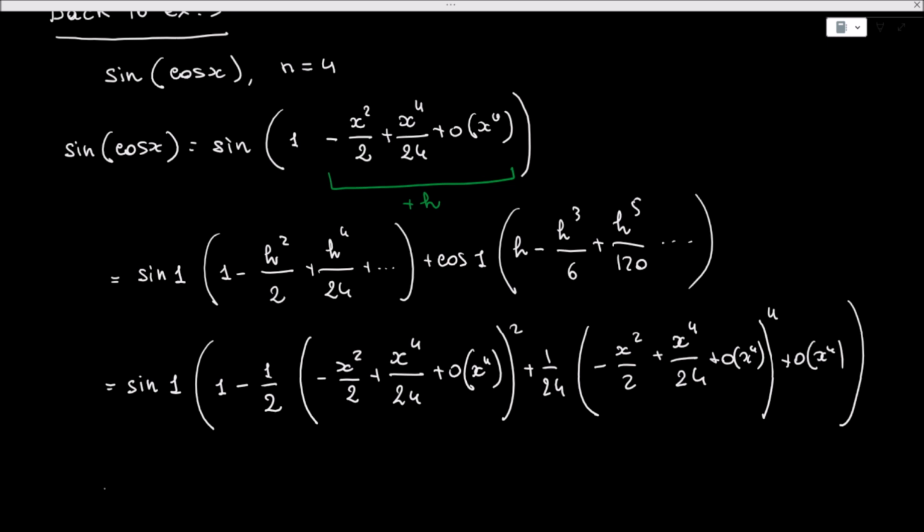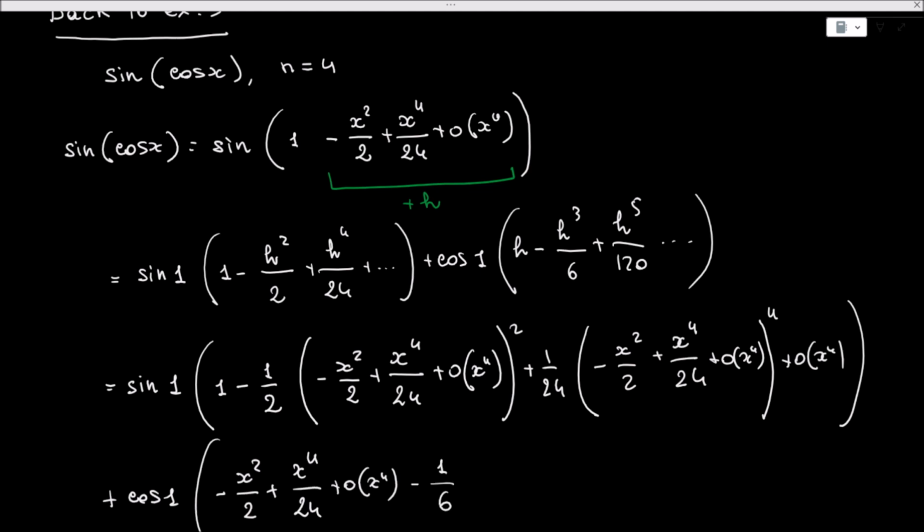Then we need to add the cosine of 1 that multiplies h, which is again minus x squared divided by 2 plus x to the 4th divided by 24 plus little o of x to the 4th, right, minus 1/6 of h, this time all raised to the 3rd. Sorry, we didn't need this.